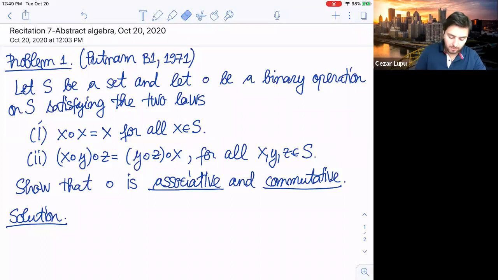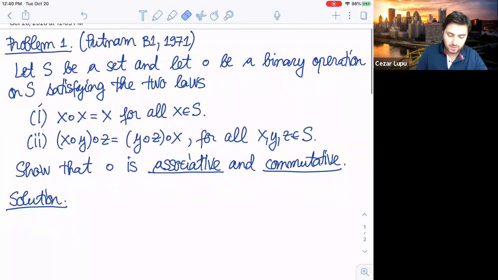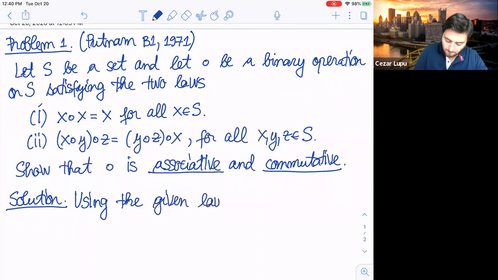So we want to use the given laws. Let me start with commutativity.